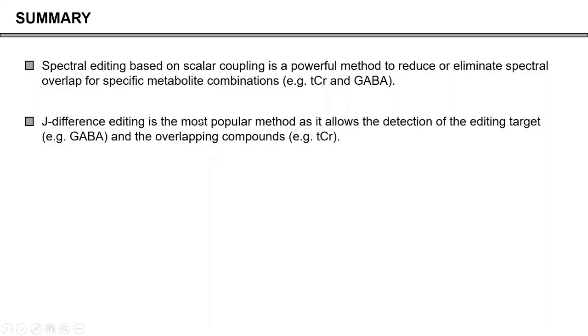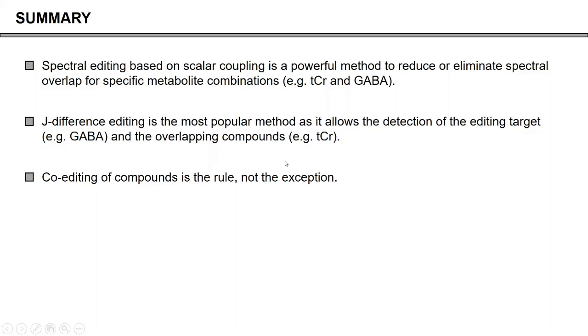Other forms of editing, like multiple quantum-based editing, can also be very, very good, but you can only get the edited signal. All the other signals are destroyed within the experiment, so you would have to do a second experiment to get those. Co-editing is definitely the rule, not the exception. For GABA, it is macromolecules that are an issue.